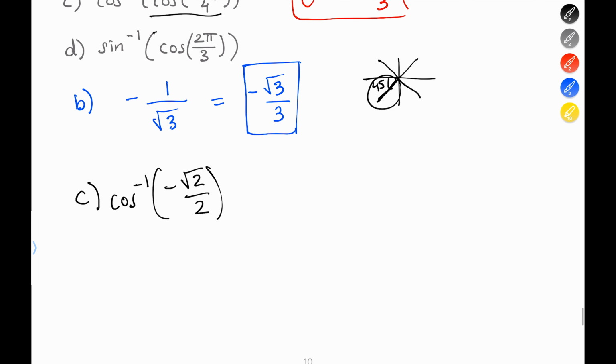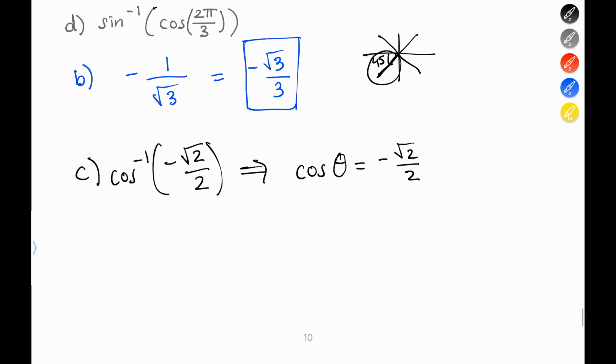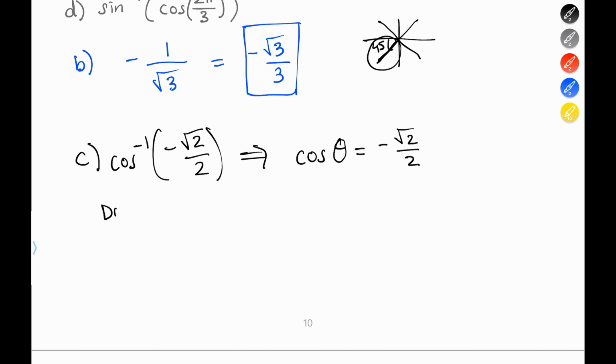And again, we could write this as cosine of theta is equal to negative root 2 over 2. So we first have to remember cosine inverse's domain, or range, which goes from 0 to pi.